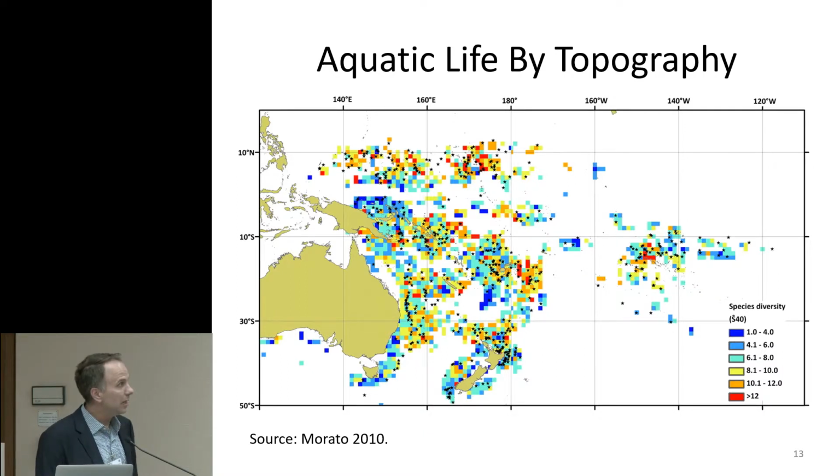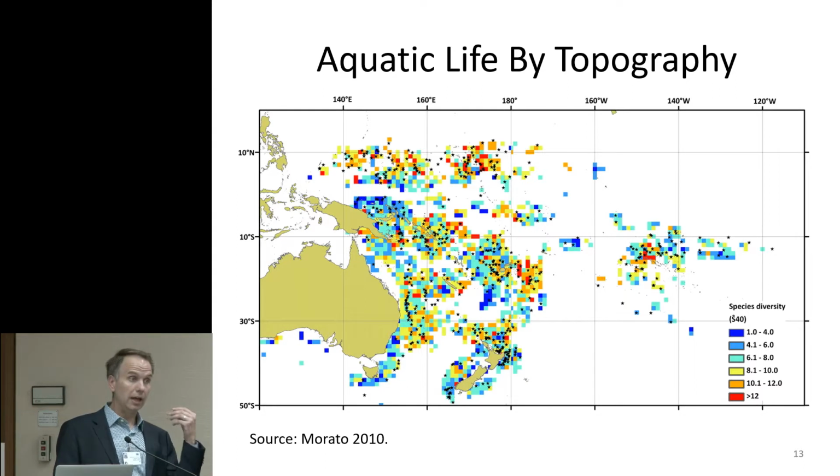Now, I mentioned seamounts, just to move on to a little bit more about aquatic life. And one of the things that's interesting is people have noticed for a long time that there tend to be these fish that are associated with seamount structures, right? For the reasons I said, which are they serve as places for larvae to settle. So you have your mollusks, your shellfish settling in these locations.